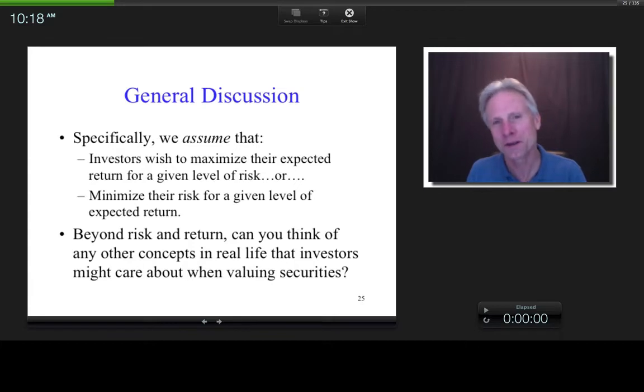In other words, for given quality, on average, people are driven towards lower prices. And for given prices, on average, people are driven towards buying higher quality. And the same thing holds for risk and return with financial securities. So it's not a bad assumption that investors care primarily about risk and return for financial securities.